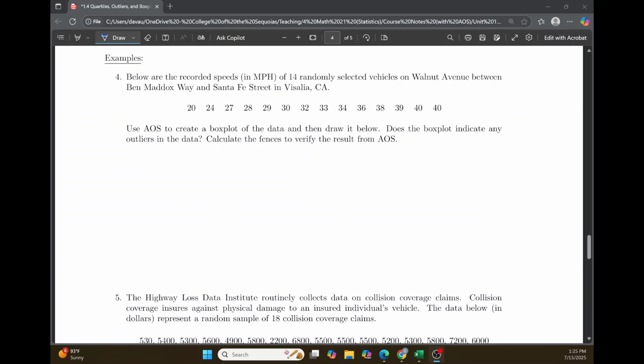To draw your box plot, first remember that you have to have a number line that you attach your box plot to. As long as you're able to draw a straight line at least as good as mine, you should be fine. Then I'm going to mark 20, 25, 30, 35, and 40.